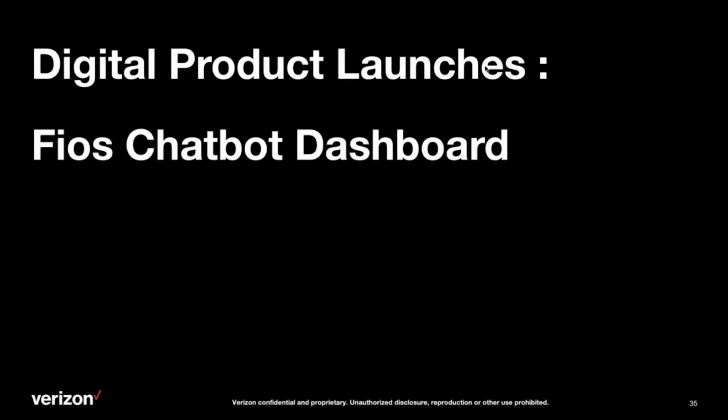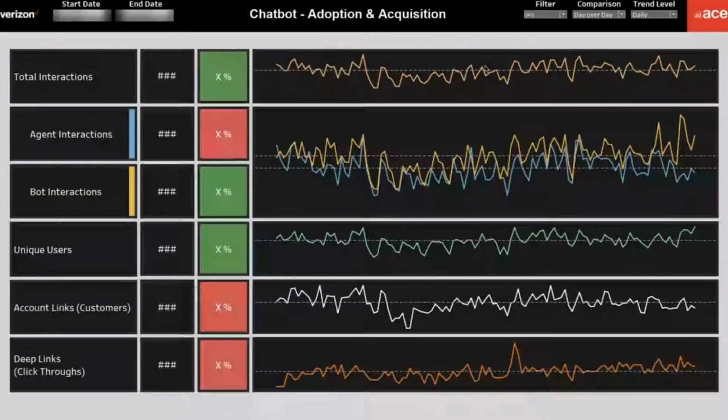When a new digital product launches, we were tasked to do analytics to identify how that launch is performing. The first step after the chatbot launch was to look at the adoption and acquisition of the product, right? Customer acquisition and how well the adoption is taking place.